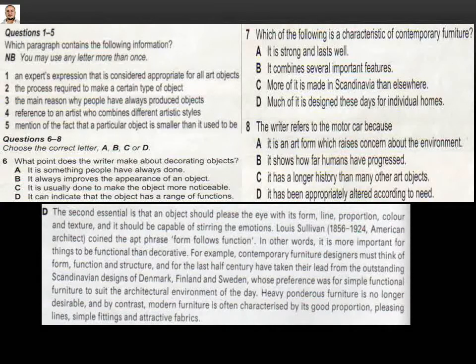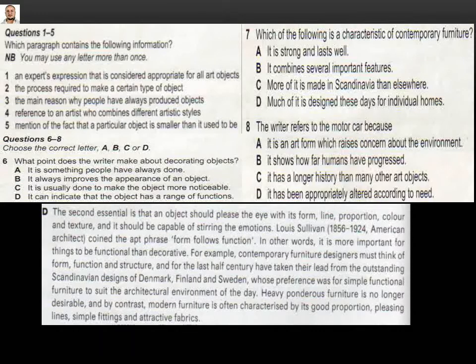Louis Sullivan, 1856 to 1924, American architect, coined the apt phrase "form follows function." In other words, it's more important for things to be functional than decorative. For example, contemporary furniture, which is number 7. Okay, we will go on and we will answer it.